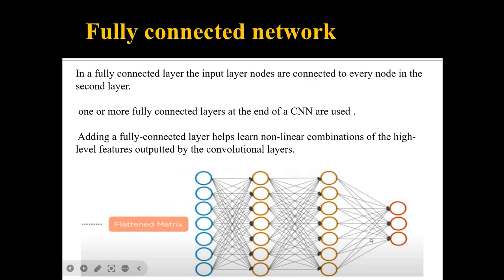The output layer consists of the classification result, and there are several algorithms used for learning in the fully connected layer. The supervised learning technique is called back propagation, and it consists of four stages: initializing the weights, feed forward, back propagation of errors, and updating the weights.